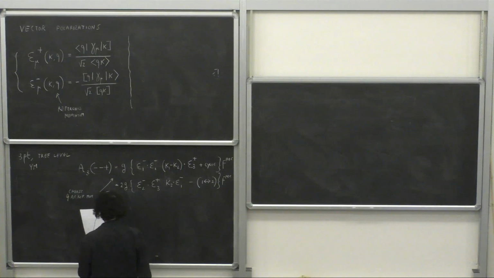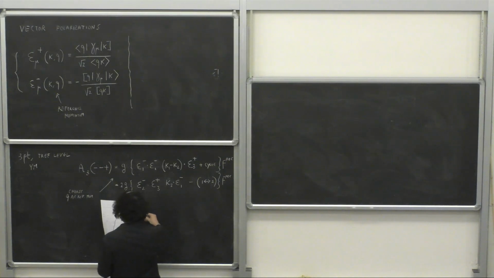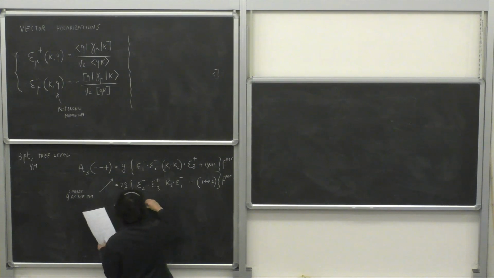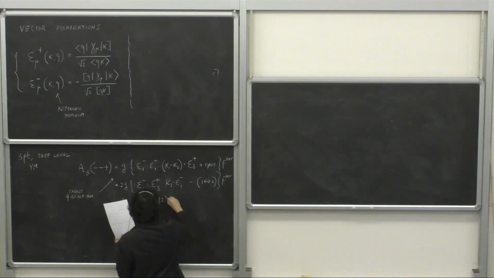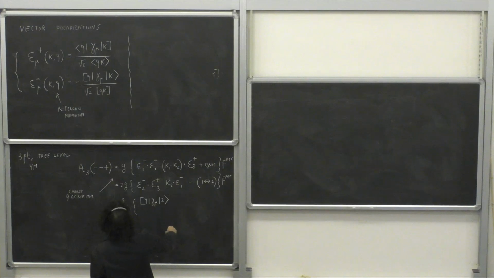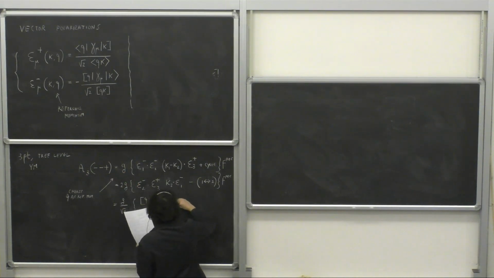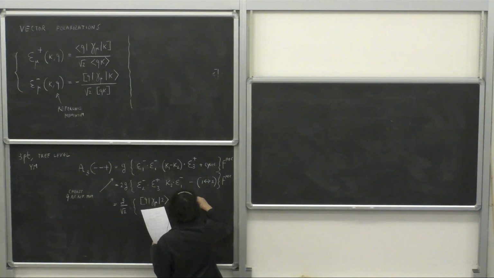At this point, I have to put in my spinor representations for the epsilons, and I end up having g divided by square root of 2, keeping track of the numerical factors, and here I have a q gamma mu 2. So this is the first, I'm using the 2 there for the minus, and the 1 over there. And then for the plus polarization, there is a q contracted in this way, and there's a 3.